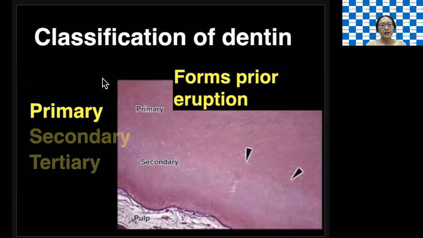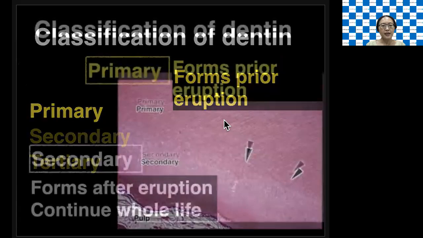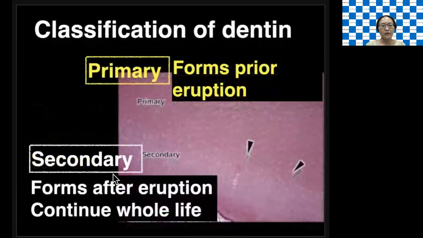And there are different types of dentine. There are 3 types of dentine. The primary type forms prior to eruption of the tooth. And the secondary dentine forms after eruption and continues throughout life.